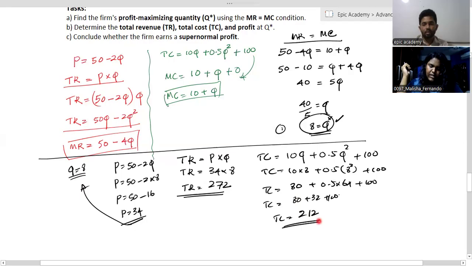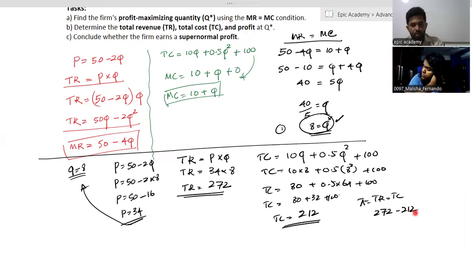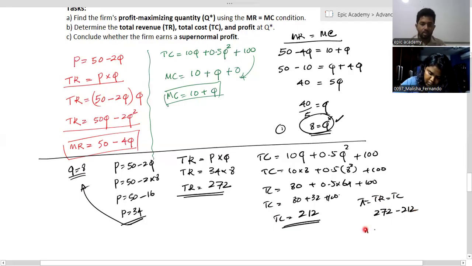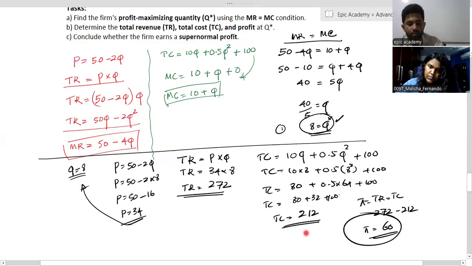Yes. Right. Then profit is TR minus TC. TR is 272. TC is 212. So then 272 minus 212. Profit is just 60. Okay.